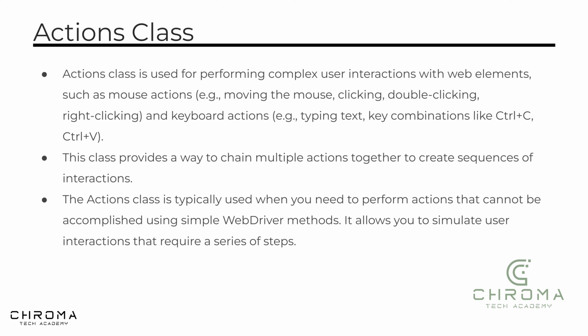So you can automate a scenario where you copy the account number from somewhere and paste it in a text box, and then see if that number displays in the text box or not. You can actually automate such scenarios if you need to.